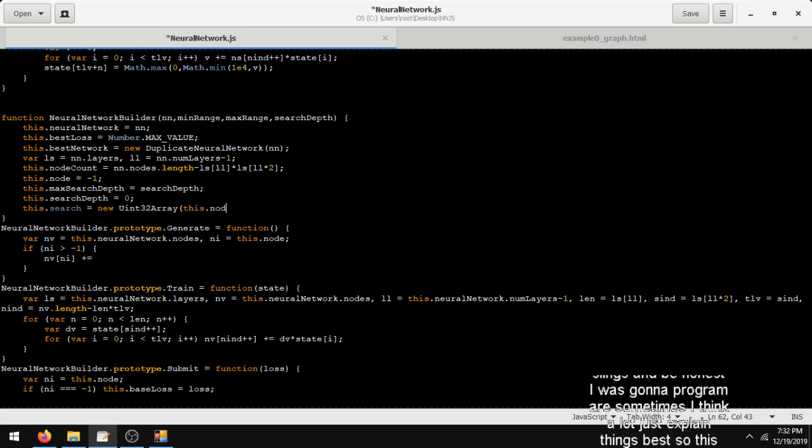So the search is going to have the number of node counts. I'm also actually going to need another uint32 that says if a leaf has already been searched. So that's why I multiplied it by 2.